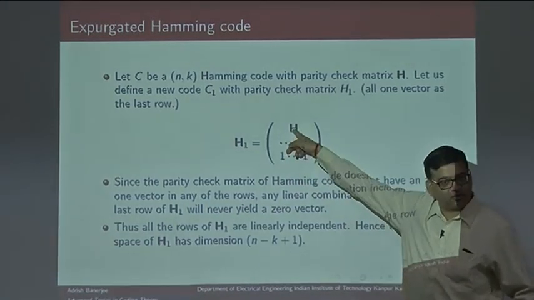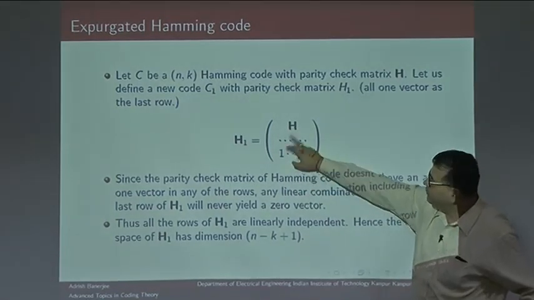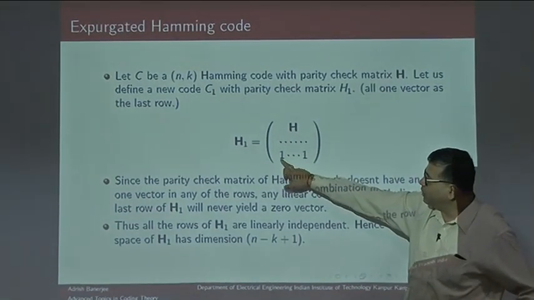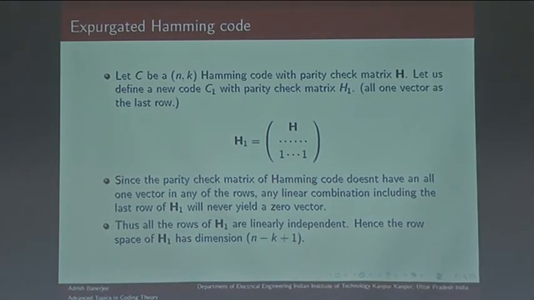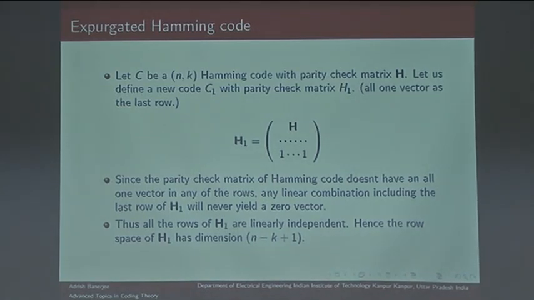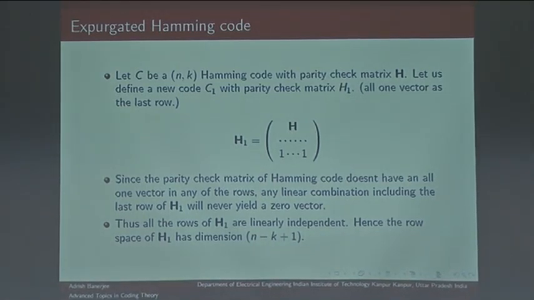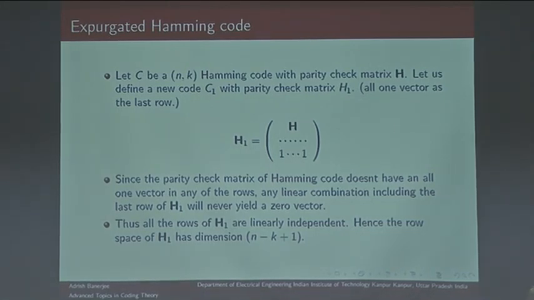Now, VH transpose is already 0 because V is a valid code word. Now, this would be V0 plus V1 plus V2 plus V3 plus V4. If V has an odd number of ones, then it cannot be 0. So we cannot have an odd weight code word if your parity check matrix is of this form.